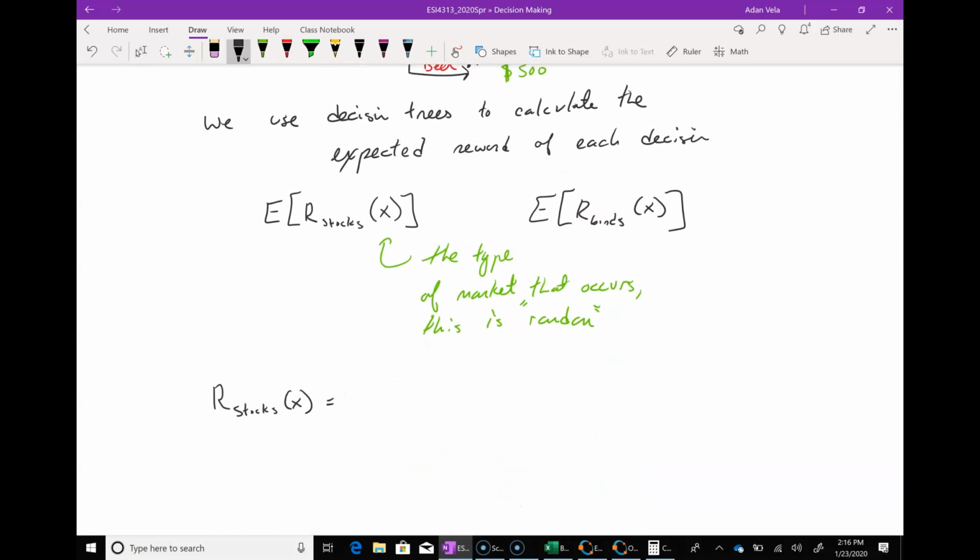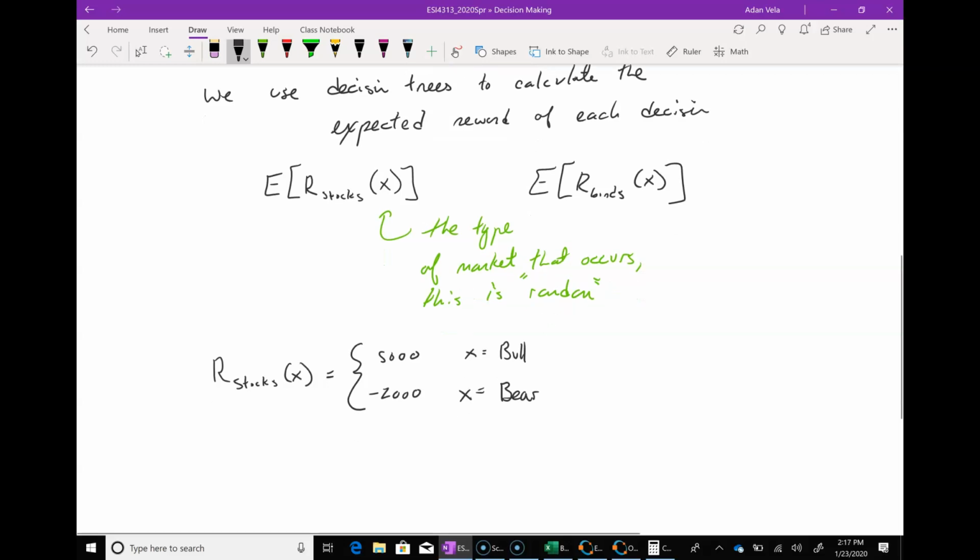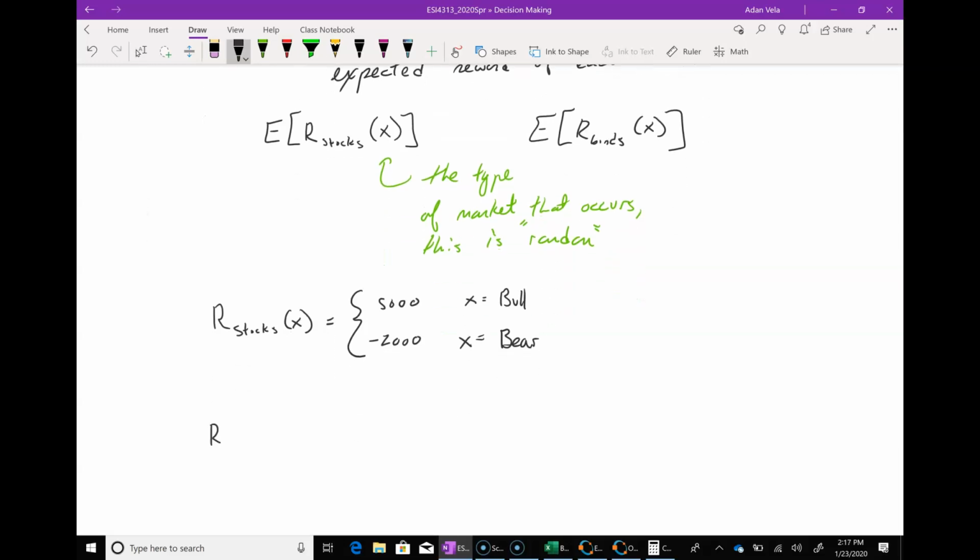Our reward in stocks is either $5,000 or negative $2,000. It's $5,000 if X, our economy, is a bull market, and it's negative $2,000 if we have a bear market. We can do the same thing with bonds.